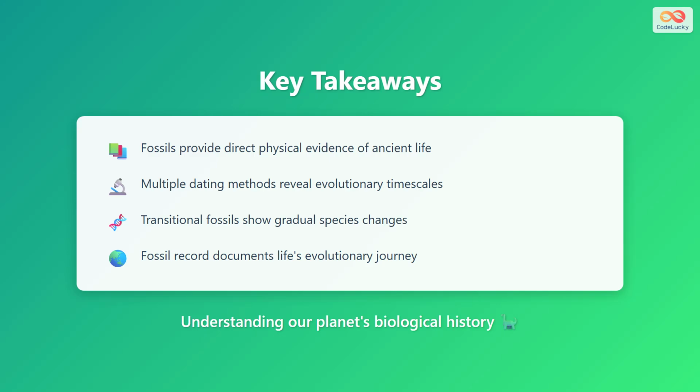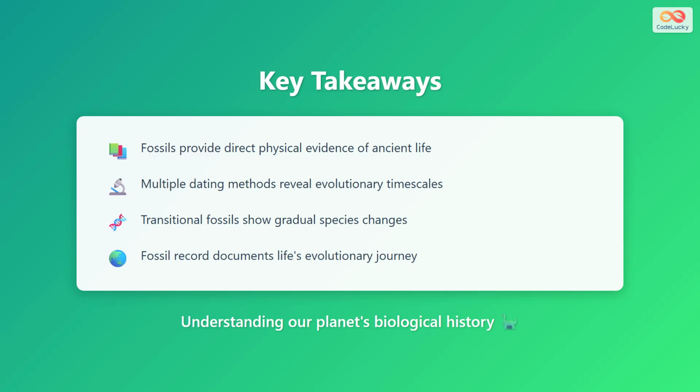Let's review the key points about the fossil record. First, fossils provide direct physical evidence of ancient life, allowing us to see what organisms looked like millions of years ago. Second, scientists use multiple dating methods, including relative dating and radiometric dating, to reveal the timescales over which evolution occurred.